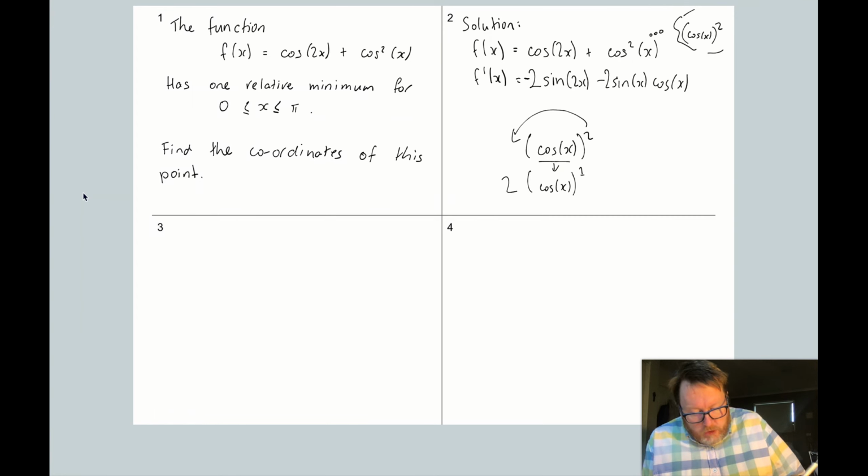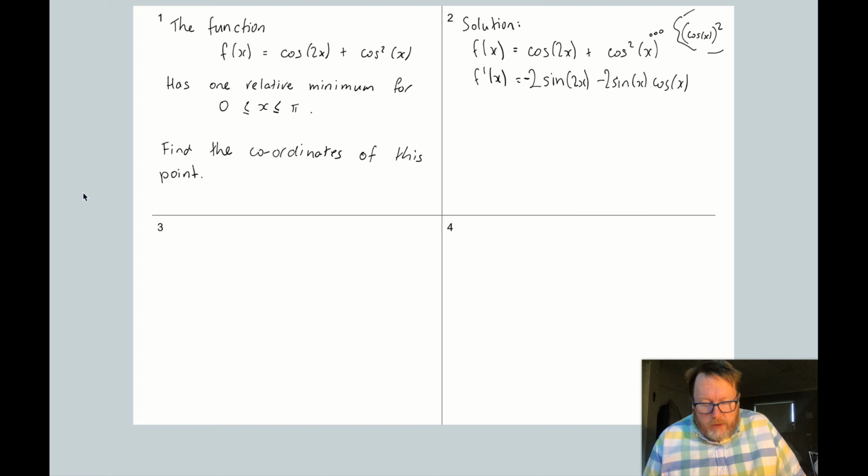So you've got 2 cosine x to the power of 1. We don't need to put the power of 1 in, and we don't need those superfluous brackets. And so we have 2 cosine of x, and then the sine of x and the minus comes from differentiating the interior bit. Okay, I'll get rid of all that.